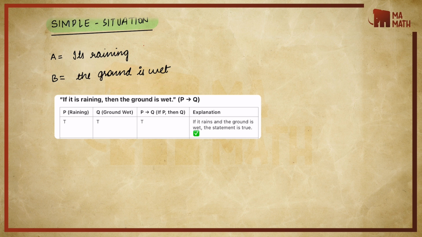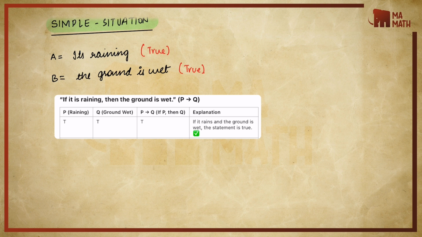Now let's say it's raining outside, therefore this statement is true, and the ground is wet, let's say this statement is also true. Now understand, the compound statement, that is, if it is raining, the ground is wet, whether that entire statement is true or false depends on the A and B statements. Let's understand that.